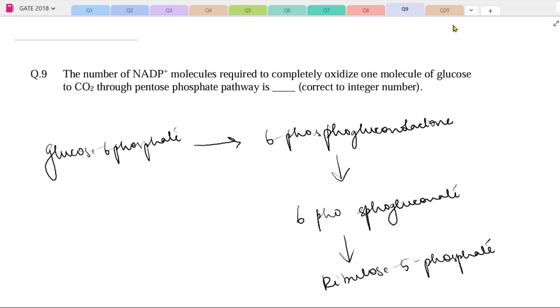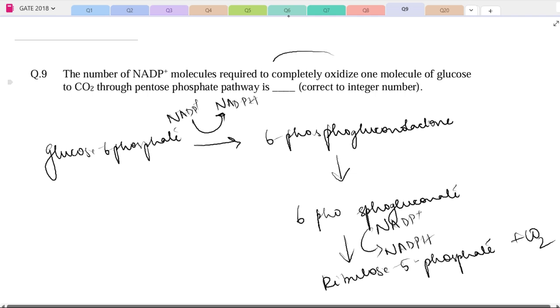So this is the overall reaction, and here you should remember that NADP is used and not NAD. NADP plus gets converted to NADPH, and again in this step NADP plus gets converted to NADPH, and in the overall reaction one carbon dioxide is released. You should be very careful with the question here.